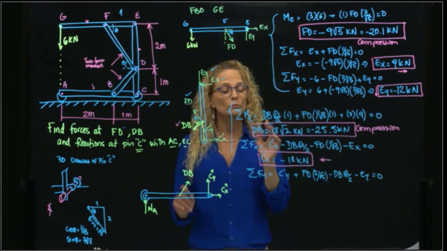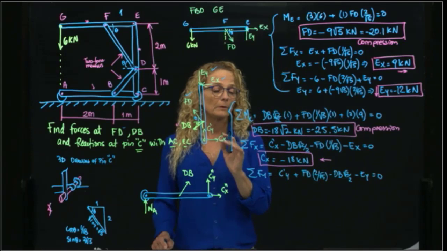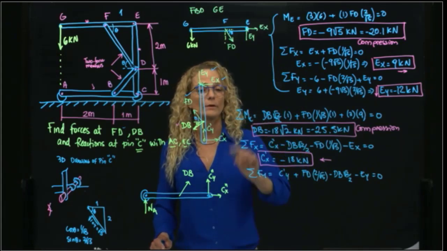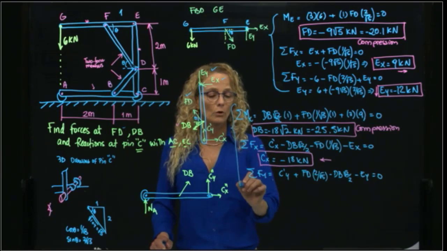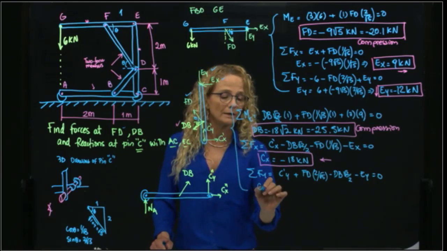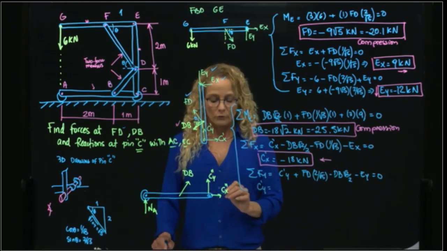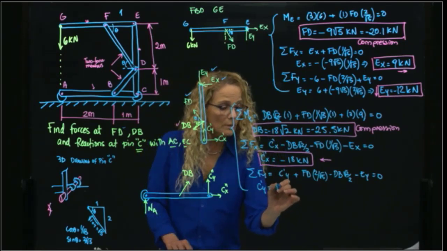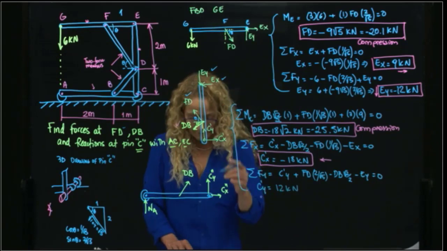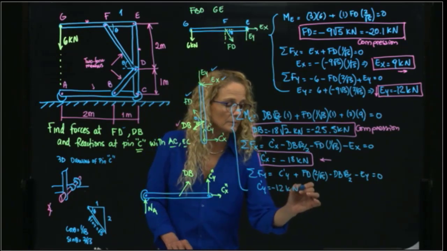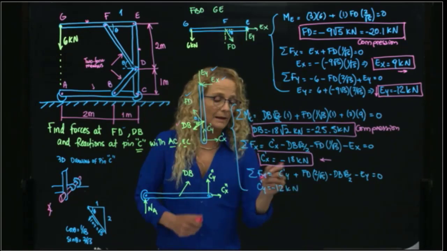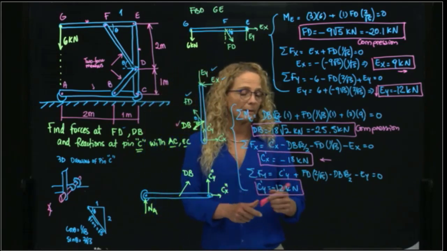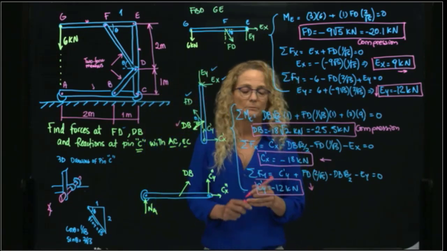But we learned how to work with negative numbers since high school, right? So don't get confused. That's very important that you know how to manage negative numbers, right? So, Cy prime gives me 12 kilonewtons, and it also gives me a negative value. So it means that I assumed it to be going up, and it actually goes down.